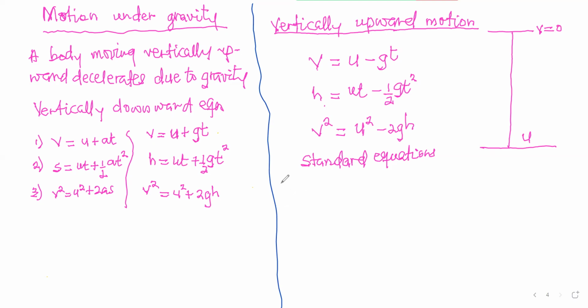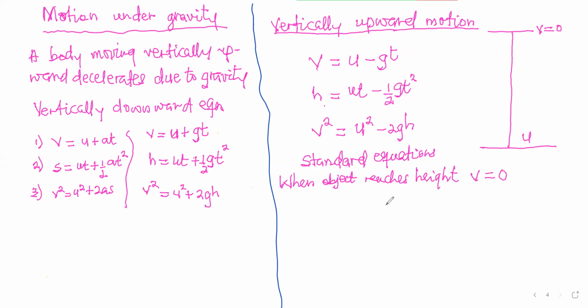Now, when objects reach the maximum height, we have one thing on our mind, and that is at the maximum height, the final velocity of the object must be 0.